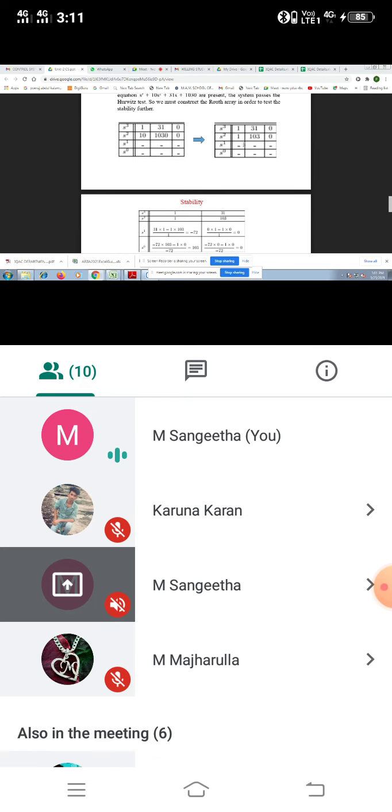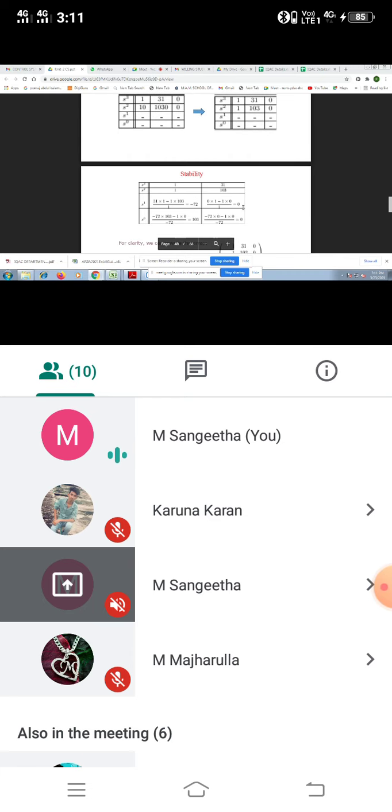S power 1 value of first column is 1 into 31 minus 1 into 103 by this value. So we got minus 72. This value comes from 1 into 0 minus 1 into 0 by 1. So we got 0. So those two values are obtained.